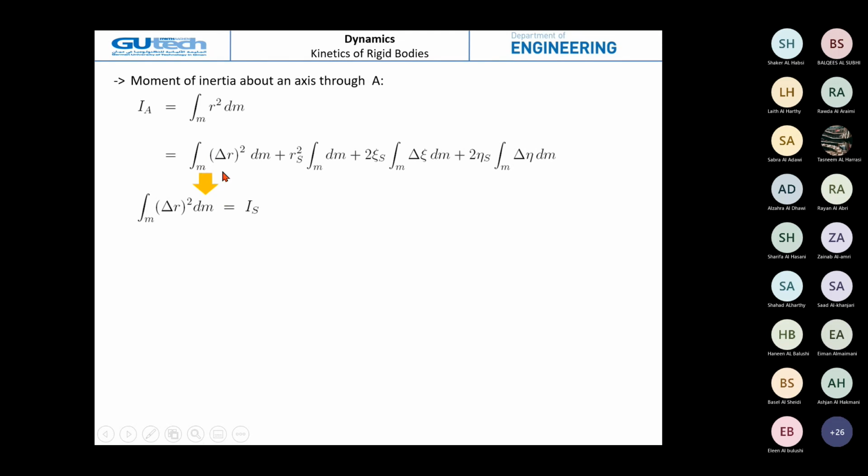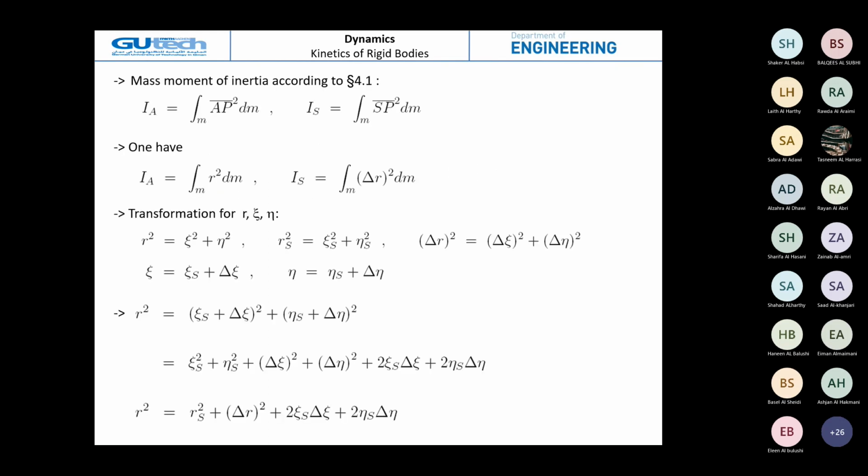Here, if we take this delta R squared, the integral of delta R squared dm, we have seen it: it's only the moment of inertia about point S, the center of mass, IS.